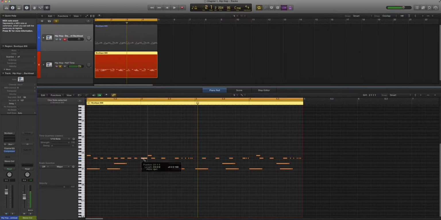Those fast cymbals, which are really common in trap music, pop music nowadays, and hip-hop in general, that sound, just historically speaking, a lot of drum beats were originally in hip-hop music programmed on drum machines, such as the 808, the 909, an MPC.